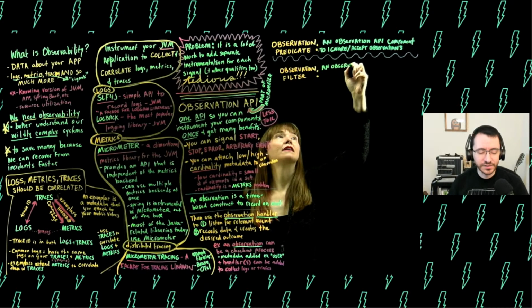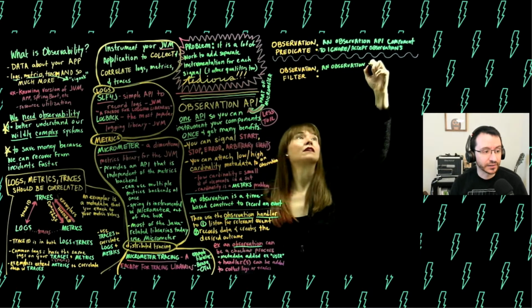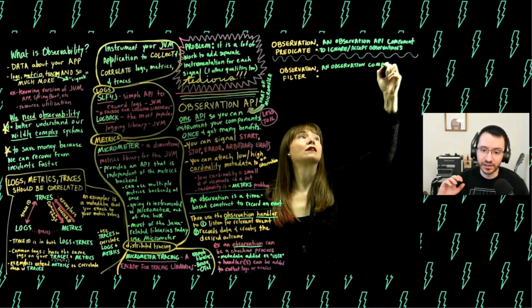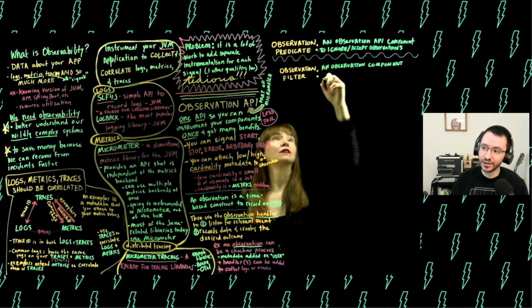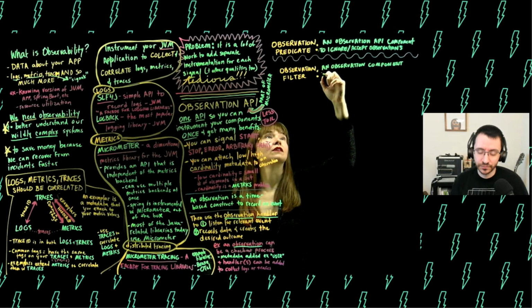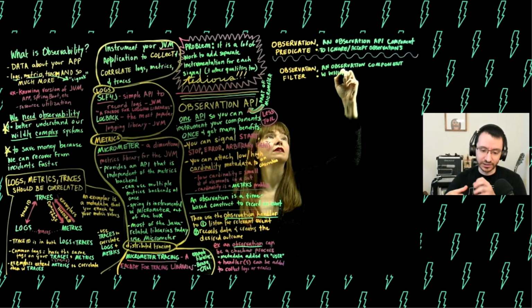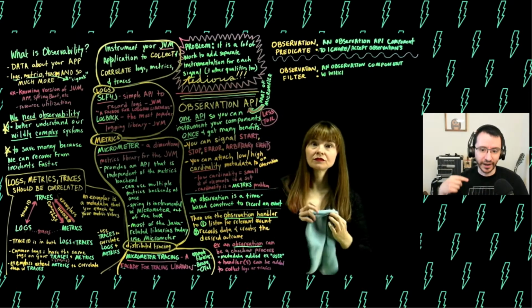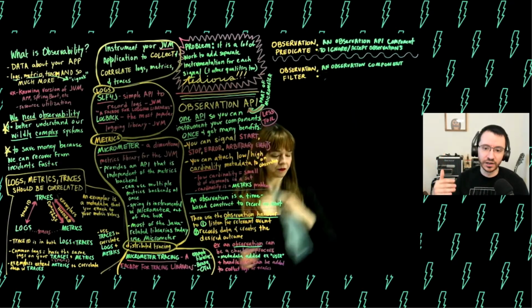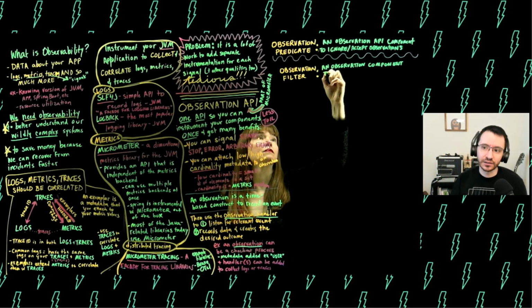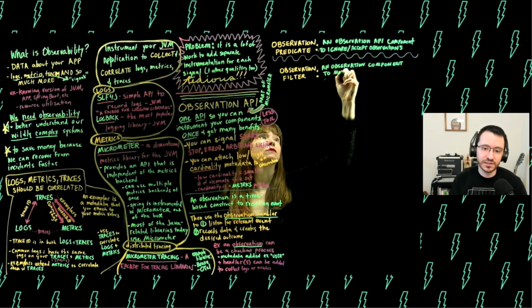Okay. So an example for that is let's say that you have, again, a component sitting somewhere, like an HTTP client library that you are using in your application. What you can do with an observation filter is receive these observations, and you can basically tweak them. You can modify them. You can add data. You can also remove data. So let's say that the observation has a tag, some metadata that is still low cardinality, but it is too high for you.